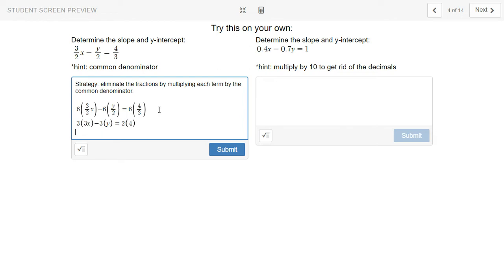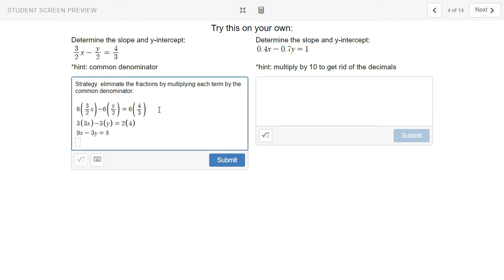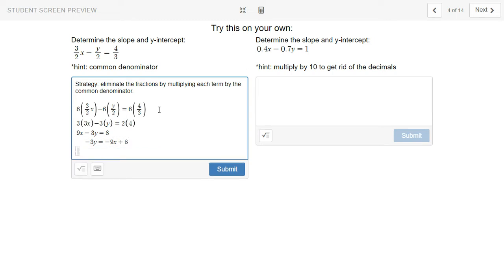Let's continue to simplify. 9x minus 3y is equal to 8. Let's continue to rearrange this. So negative 3y is equal to negative 9x plus 8. I'm going to divide everything by negative 3 now.